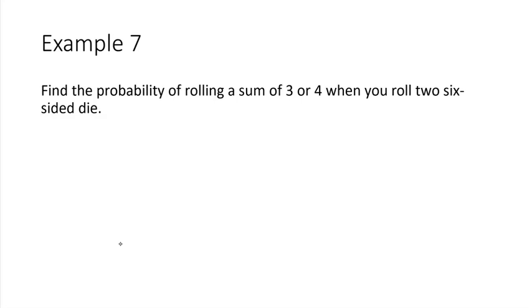All right, one last example. Example 7. Find the probability of rolling a sum of 3 or 4 when you roll 2 6-sided dice. Ooh, well, that's the first time we've seen that. When they're talking about 2 6-sided dice, I highly, highly recommend you make a dice table.